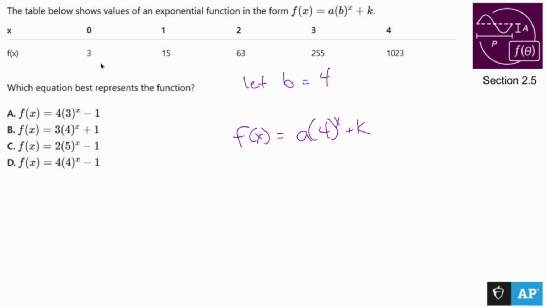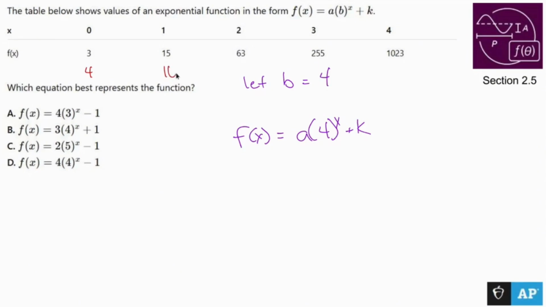Now the next thing I'm going to do is try to choose a number such that when I add or subtract 1 or 2 or 3, adding or subtracting the same number allows me to say this times 4 gives me that. So I'm thinking, what times 4 gives me a nice clean number? Well, hold on. If I made this 4, 3 plus 1 is 4.